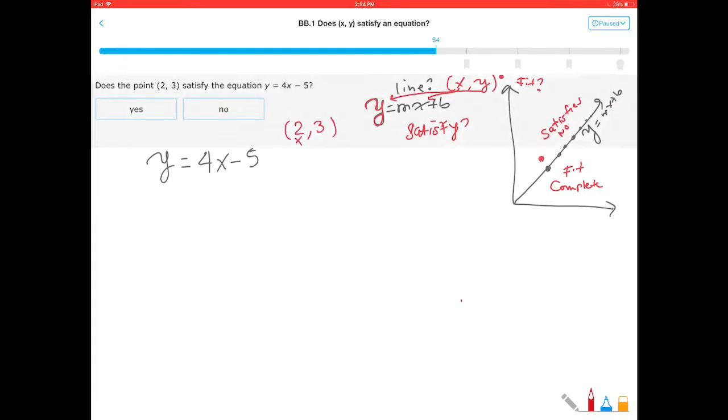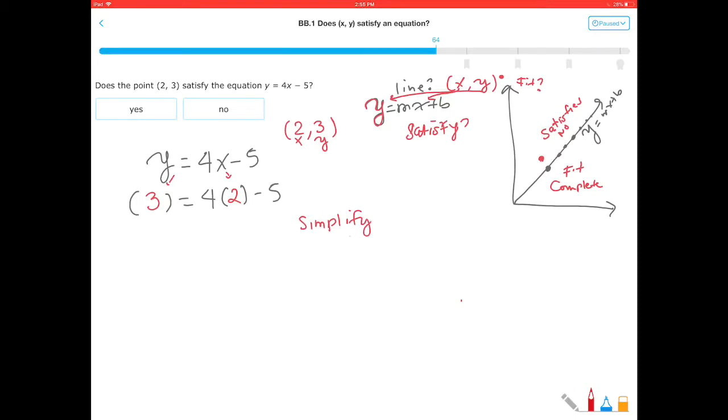If this is x and this is y, to substitute, I always want you to use placeholders. Your x is going to go here and your y is going to go here. So 3 equals 4 times 2 minus 5. On the next line down, I want you to simplify.